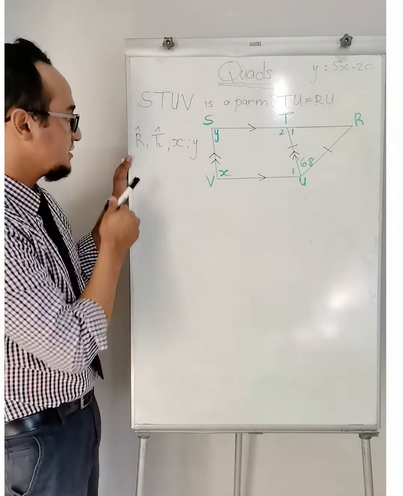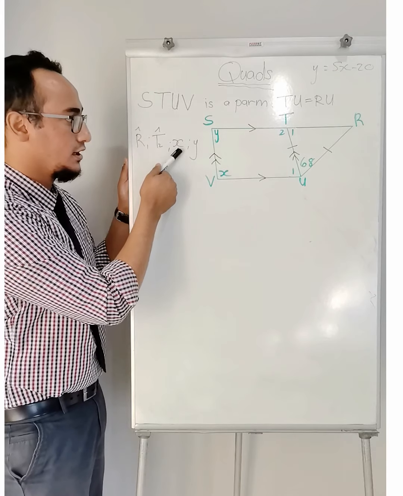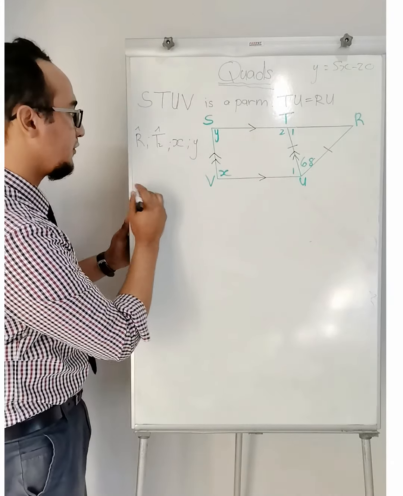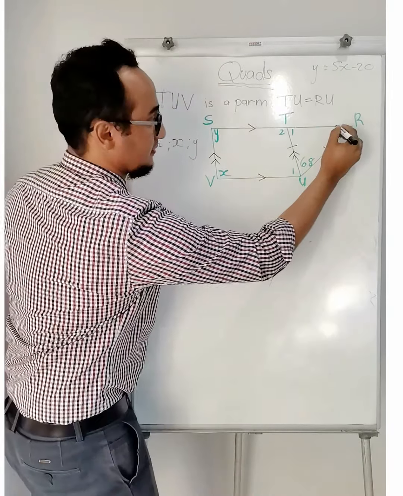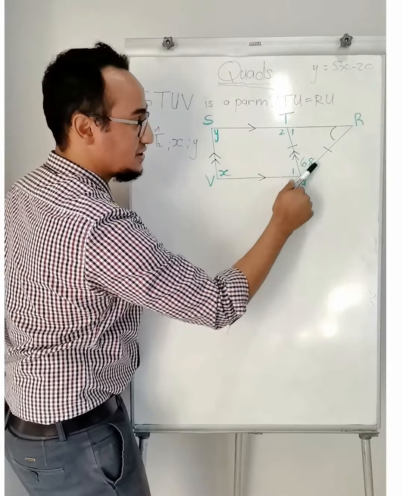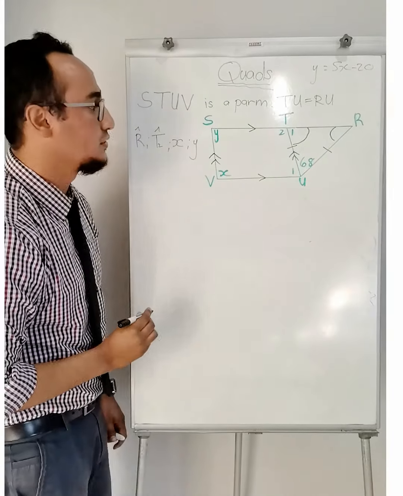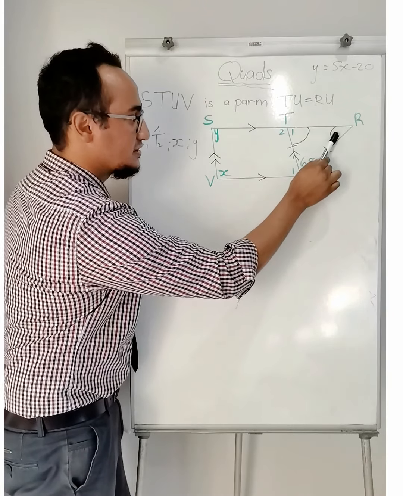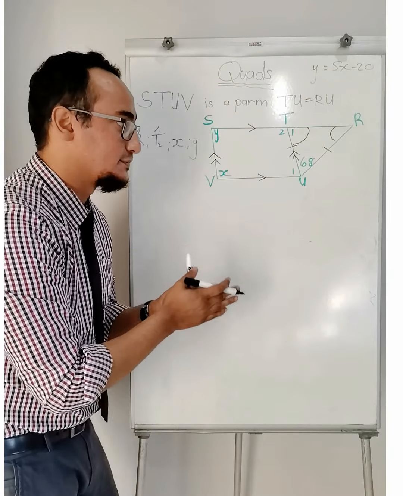So the question is to calculate angles R1, T2, X and then Y. Let's first go for R1. That's R, which is this angle. Because it's an isosceles triangle, these two angles must be equal to one another. So this angle plus this angle plus this angle must be equal to 180 degrees.